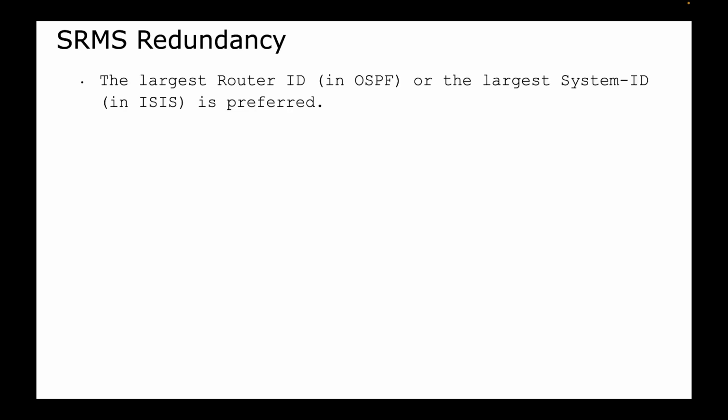So if you see the older documentation, there you will see almost 8 steps, which prefix has to go through, and then one of them will be selected as the best. But in the recent versions, so many changes are there, and the only criteria is to prefer the larger router ID or the larger system ID.